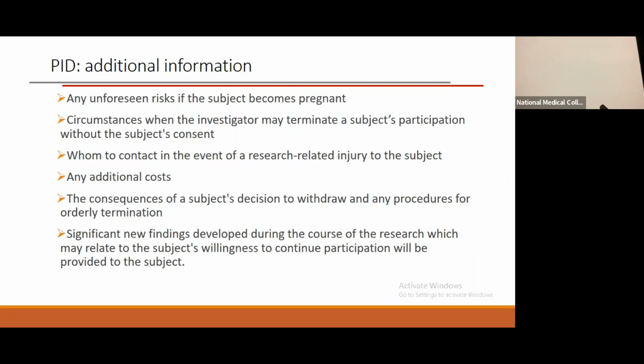It could be for many reasons. The sponsor thinks that it's not going to give any benefit. It will never get a regulatory approval. So they don't want to spend money. And they say, okay, we want to terminate the study in the next 3 months. So that patient has to be told in advance that the study may terminate prematurely also. And this we have said that whom to contact, costs we have discussed, and the patient's decision to withdraw.